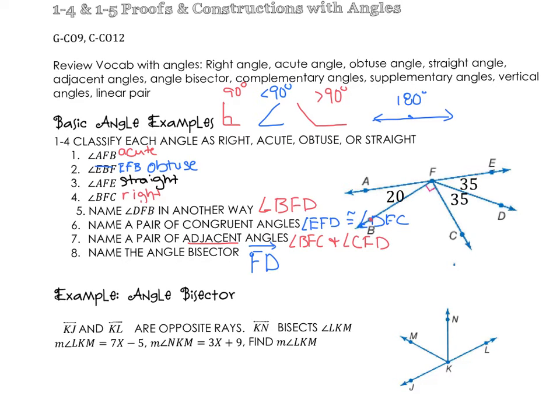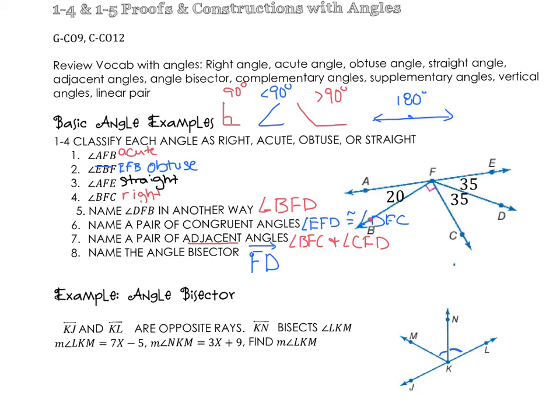Okay, so now let's look at angle bisectors. So we're on the next example down here. KJ and KL are opposite rays. Opposite rays do create a straight line. KN bisects LKM. So that creates this angle congruent to that angle.